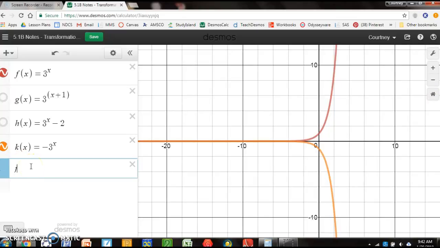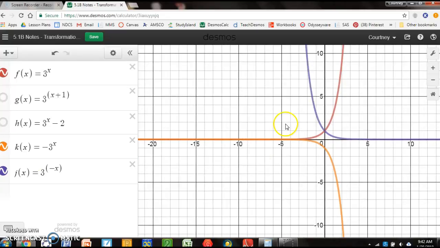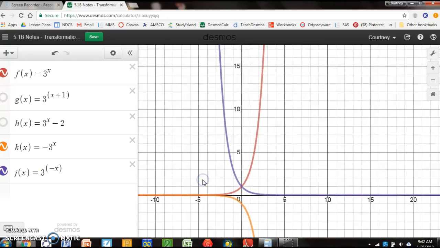So let's take a look here then at j of x. And j of x is going to be equal to 3 to the, and I'm going to put this in parentheses, 3 to the negative x. And this is actually, our purple function here is taking that red function and flipping it over the y-axis. So here you can see the two different reflections.